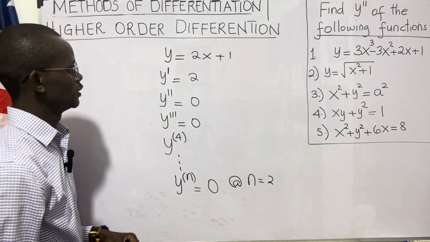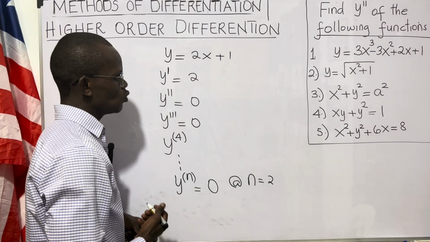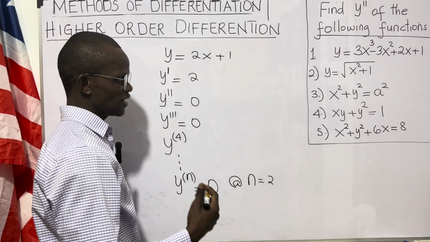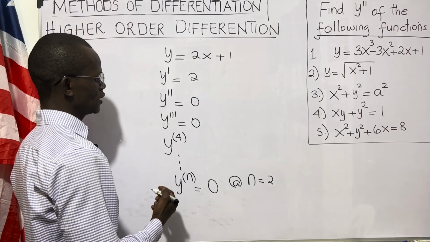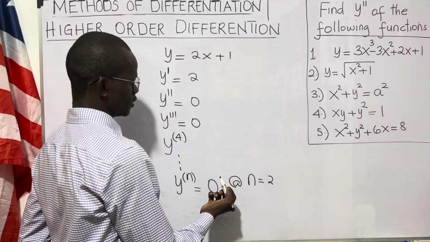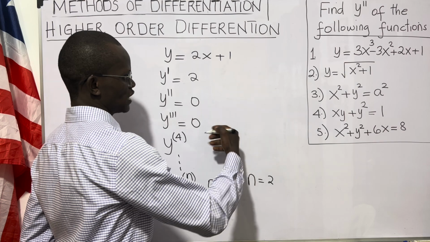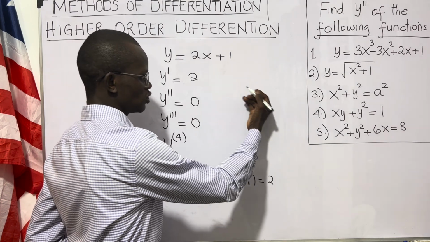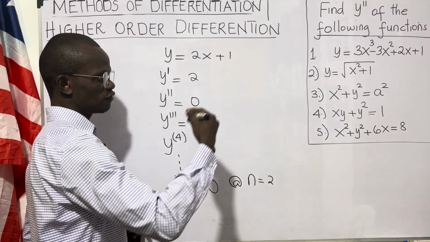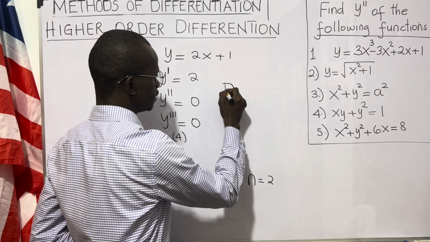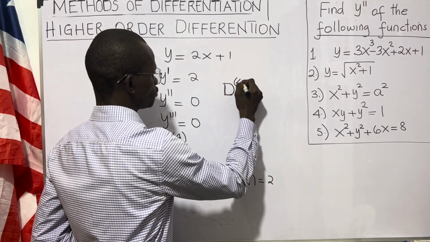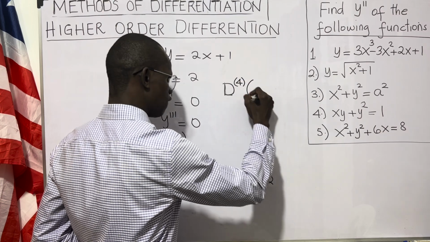Now, what if you want to attach the derivative notation before finding that derivative? Assume we're about to find the fourth derivative, but we want to put a notation to indicate that. So you can say d raised to the fourth of the function.